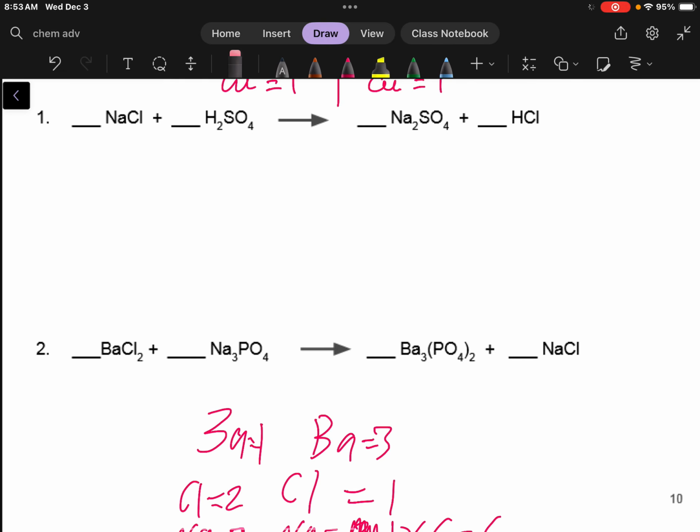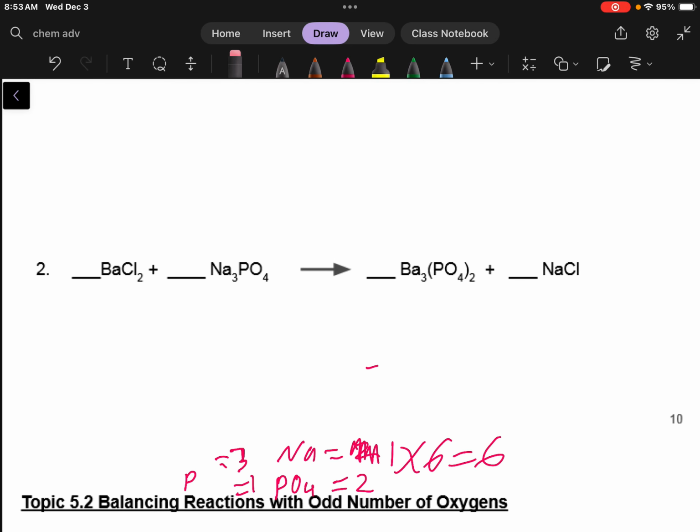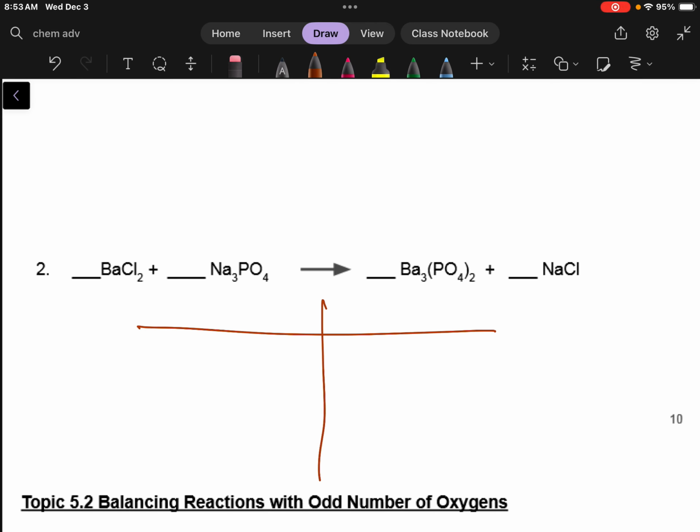Do number 2. Number 1 is easy. Okay, the equation is already given to you. What are you going to do first? List them, okay? Reactants, products. Did you see a polyatomic ion unchanged on both sides? Yes.